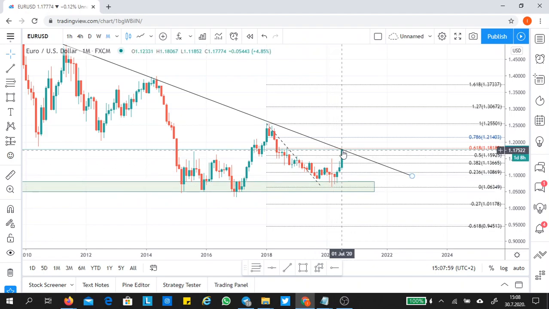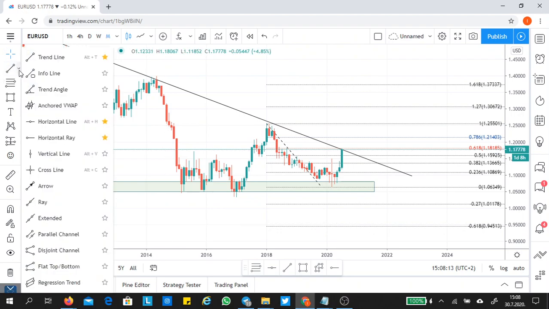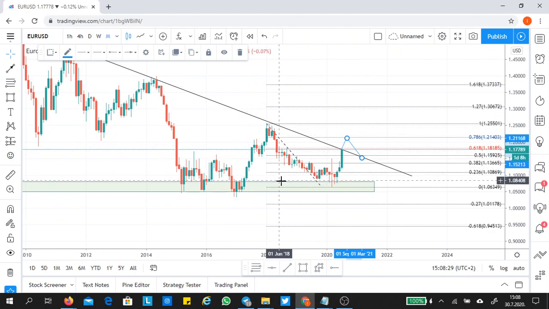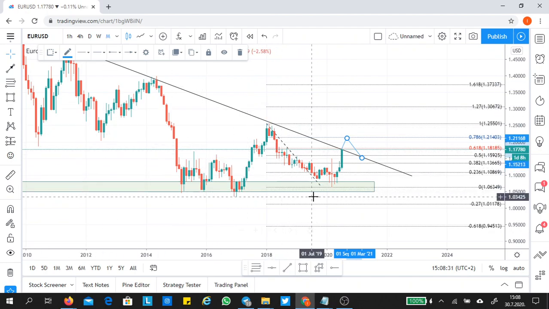It's indicating what will happen next, whether it will continue to push down or it will break, and make something like this: break, then retest of this trend line.